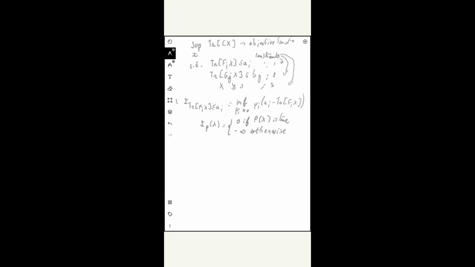And so the fact is, you just have this, and here p of x is just trace of Fi x inferior to ai.